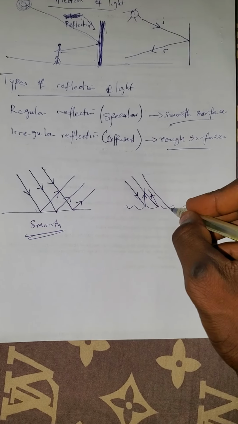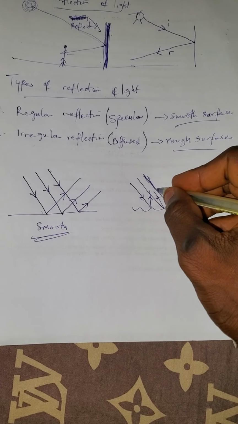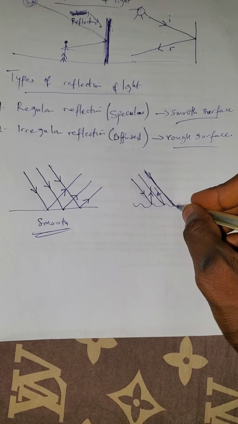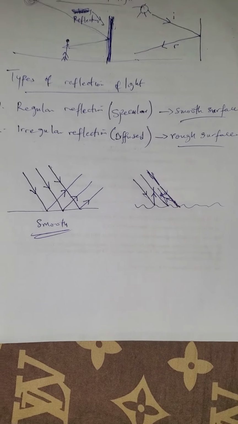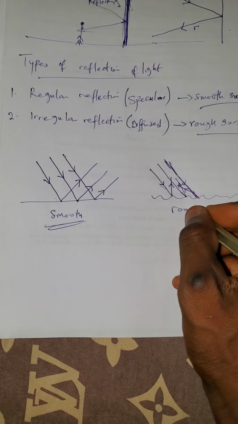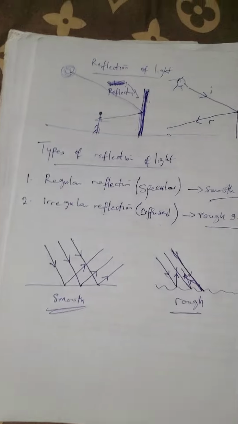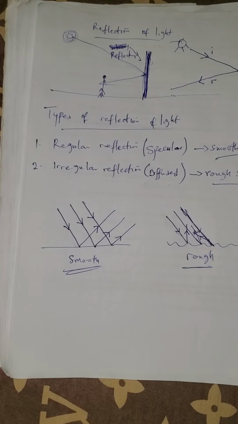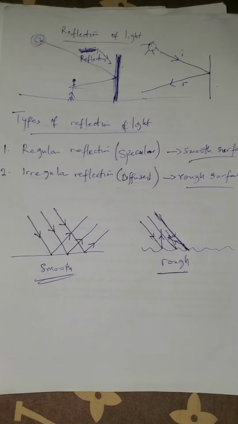Another one can be incident like this, in which the reflected ray can even go like this. Therefore, the one that occurs on a rough surface is called irregular reflection, but this one is called regular reflection. And this is the difference between regular reflection and irregular reflection.